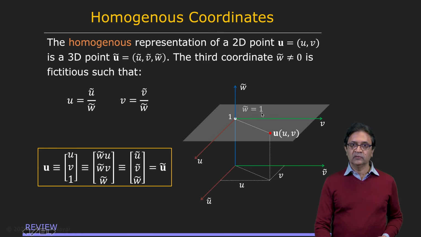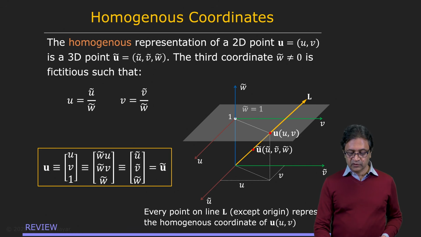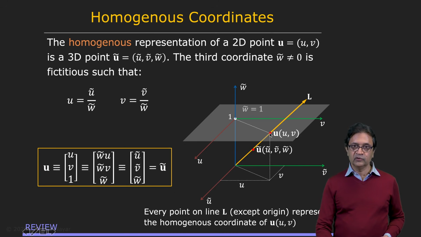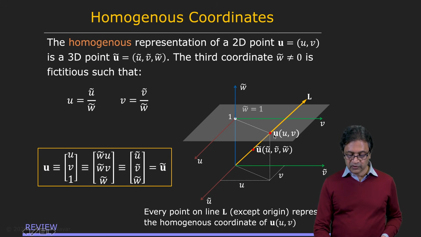Now we can say that all the points that go from the origin, but not including the origin, through the point UV, all of these points on this line L correspond to homogeneous coordinates corresponding to this point U right here. They're all equivalent to each other.